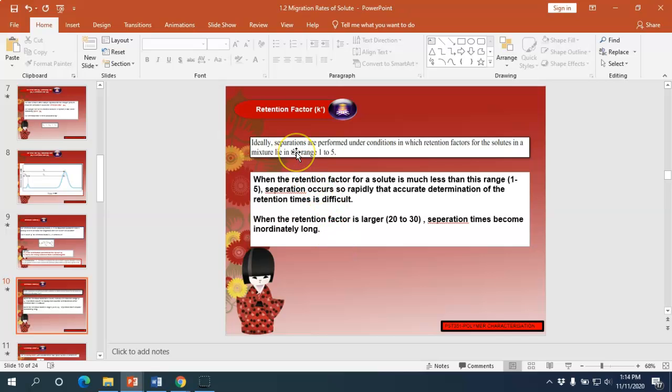If the retention factor is in the range of 1 to 5, it is considered ideal separation. If it is much less than the range 1 to 5, the separation occurs so rapidly that accurate determination of separation is difficult. When the retention factor is larger, in the range of 20 to 30, the separation times become inordinately long.